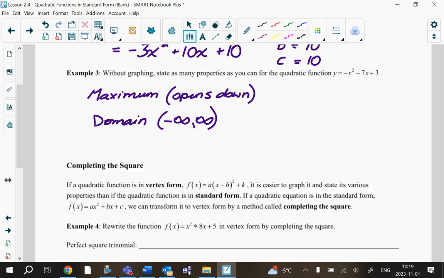Right. But before we do that, there is one other thing you can tell me. Out of all those things we did, there is one other thing you could figure out. The y-intercept we could do.